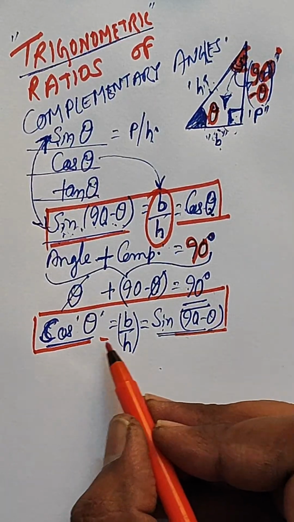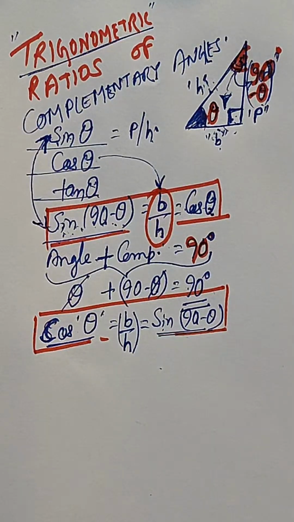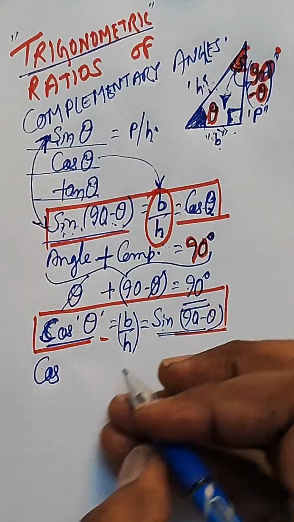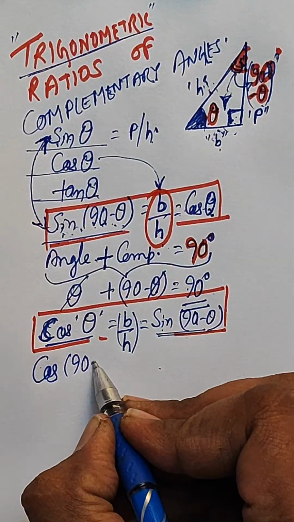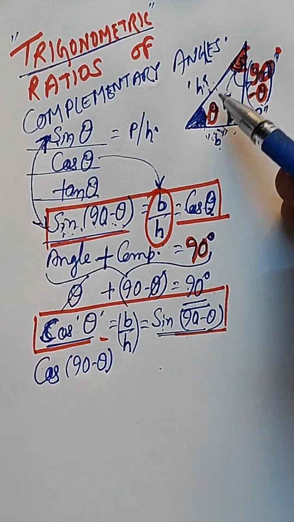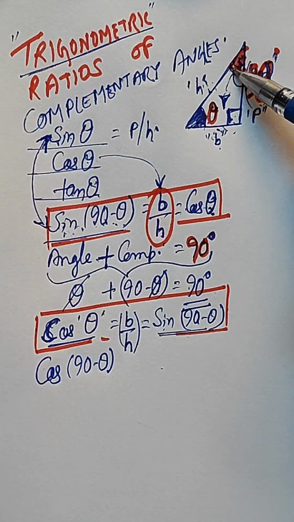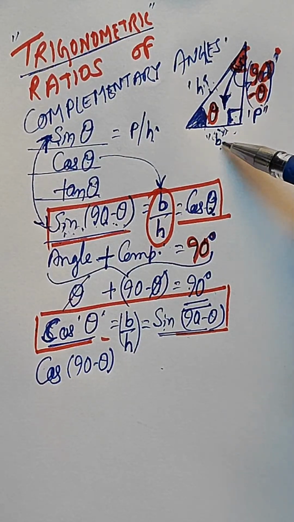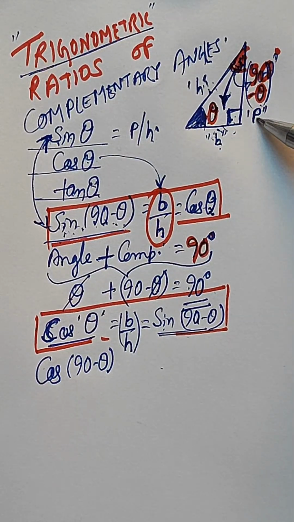And if you take cos of 90 minus theta, then the angle of consideration will be this one. Then cos of this will be, B will be the perpendicular and P will be the base.